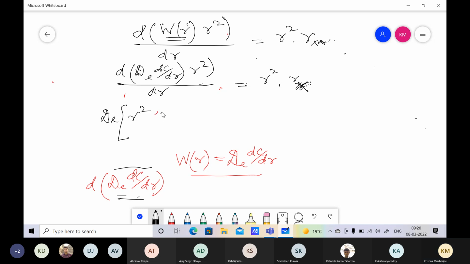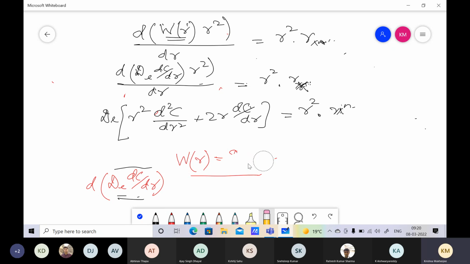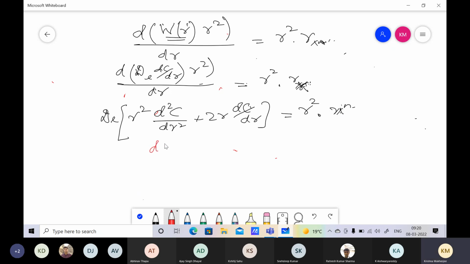R square d2C by dR square, plus 2R dC upon dR, is equal to R square into the reaction rate. Which translates to, come on, divide by R square, and divide by D as well, and bring it to the standard differential equation form that you need.